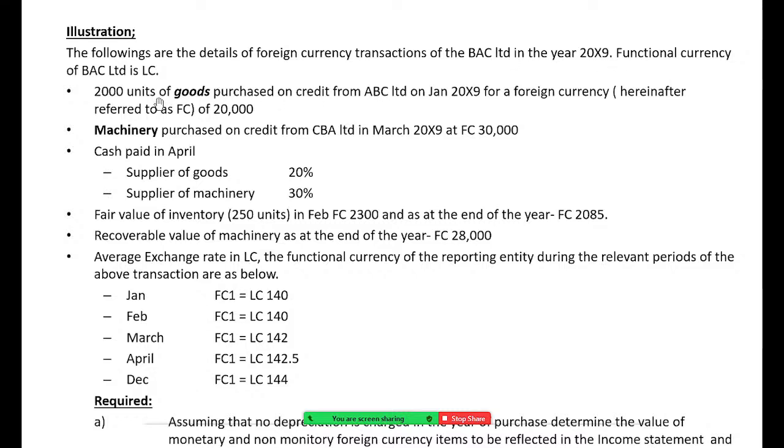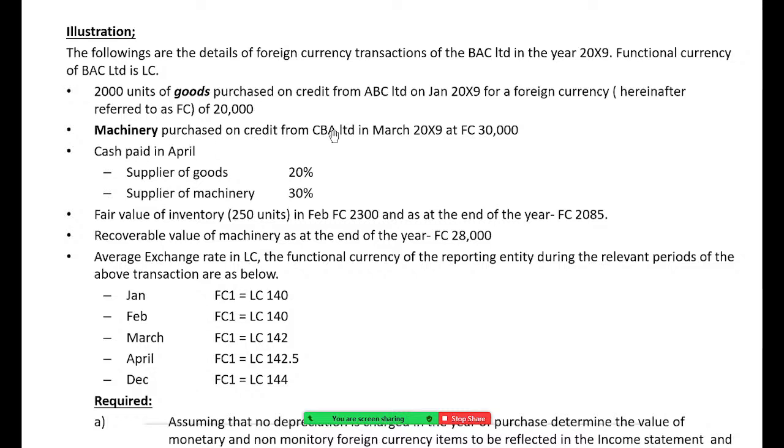The functional currency of BAC Limited is LC, say Sri Lankan rupees. 2,000 units of goods were purchased on credit from ABC Limited in January 2009 for foreign currency, hereafter referred to as US dollars. For example, the value of the item is 20,000 US dollars.